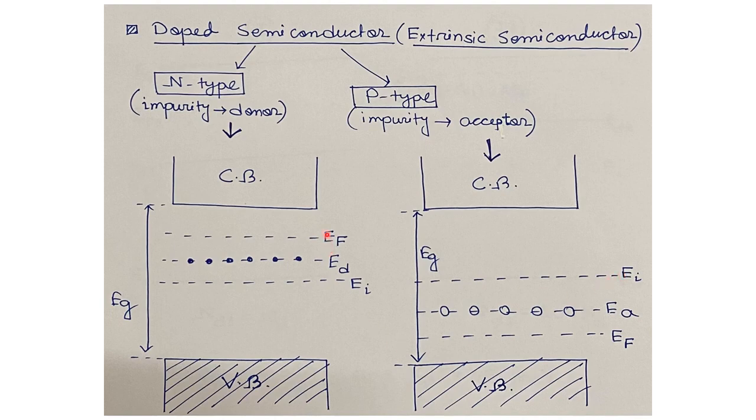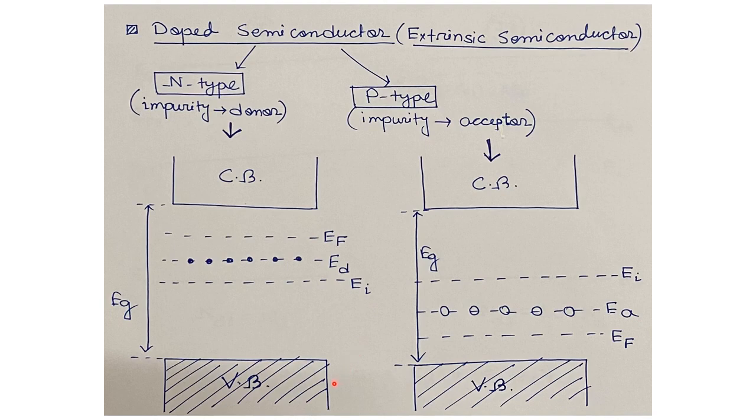If we see the band diagram of an n-type semiconductor, the donor energy level Ed will lie above the intrinsic Fermi level Ei. At 0 Kelvin temperature, all the donors are in the unionized state. That is, all the donor levels are occupied with electrons. As temperature increases slightly, some of the donors get ionized and contribute electrons to the conduction band.